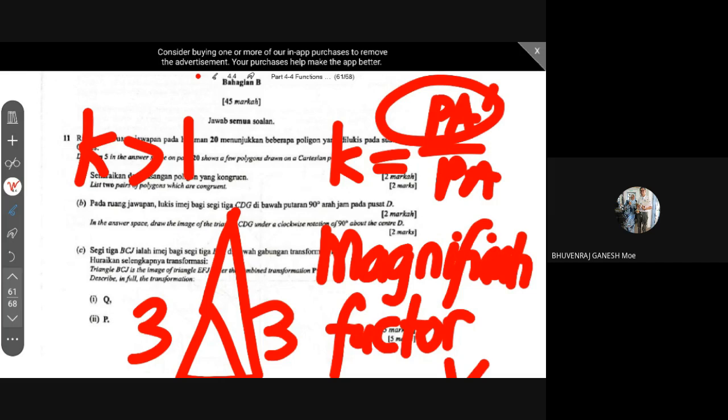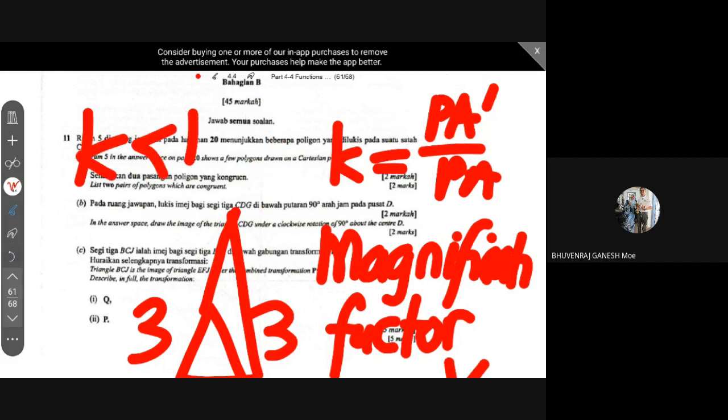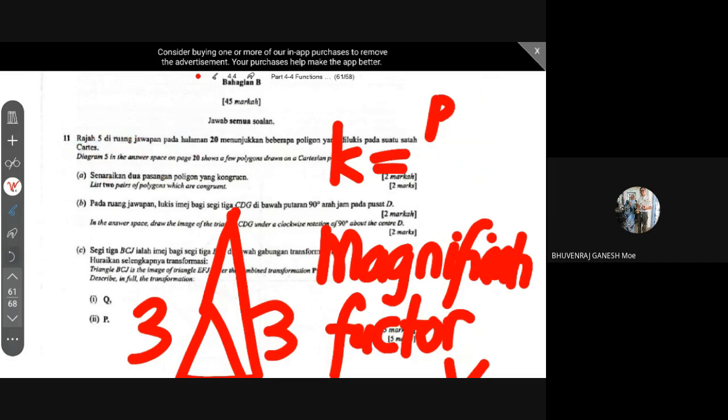Then only can you get greater than 1 in a fraction. Let's say 9 over 3. You get greater than 1 because you get 3. Okay, so this is the example. One more: k less than 1. Is the object or image longer? The length. Yes, very good. Never get confused.